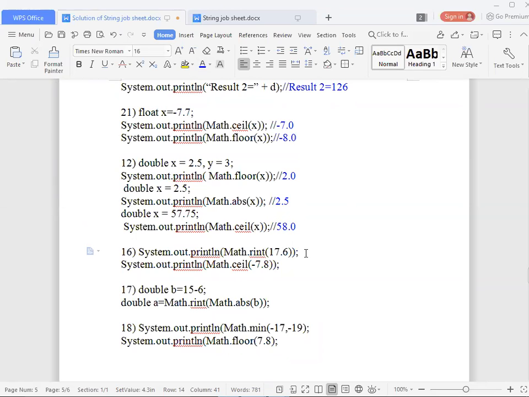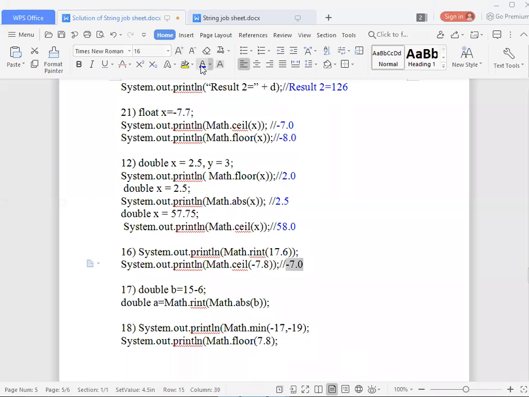Okay, integer values means it will round, but the answer will be 17 only, written in integer. Ceil again will give the higher integer, but because it is the minus sign, the higher integer will be minus 7.0.